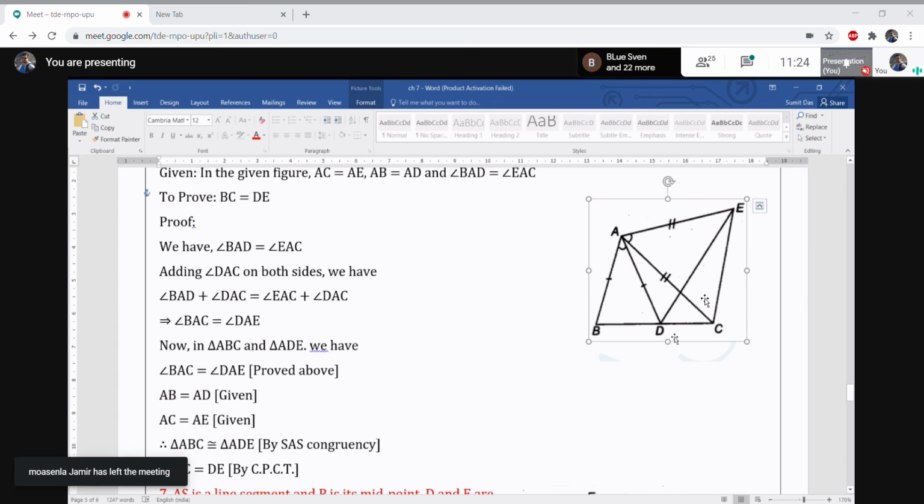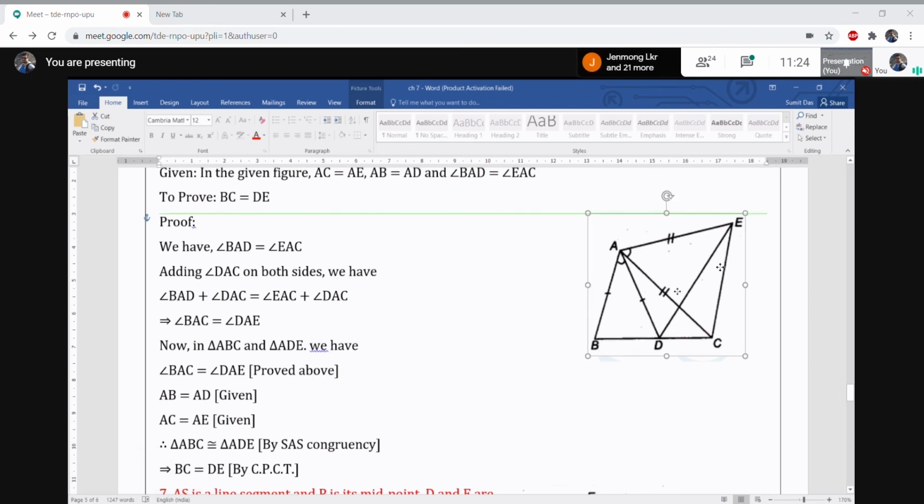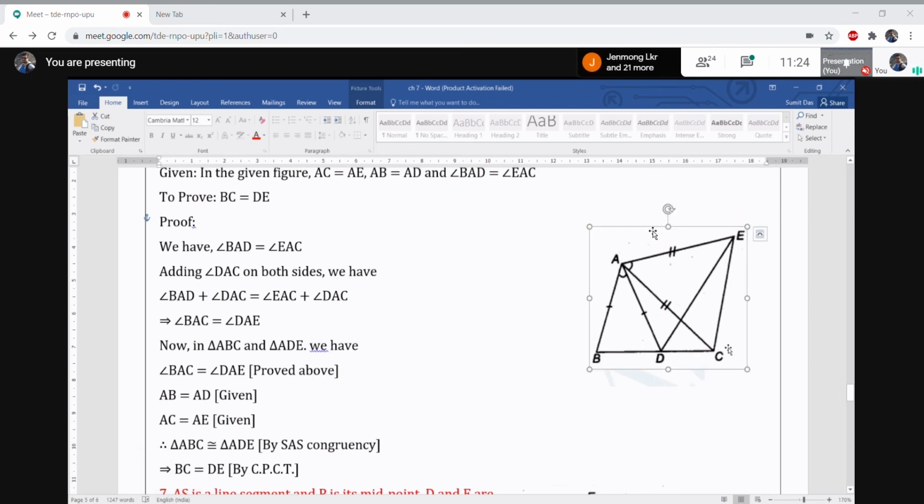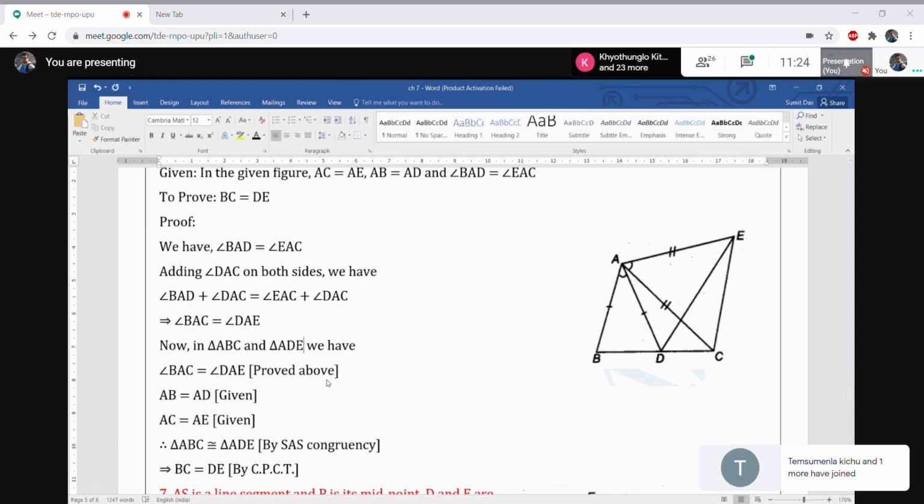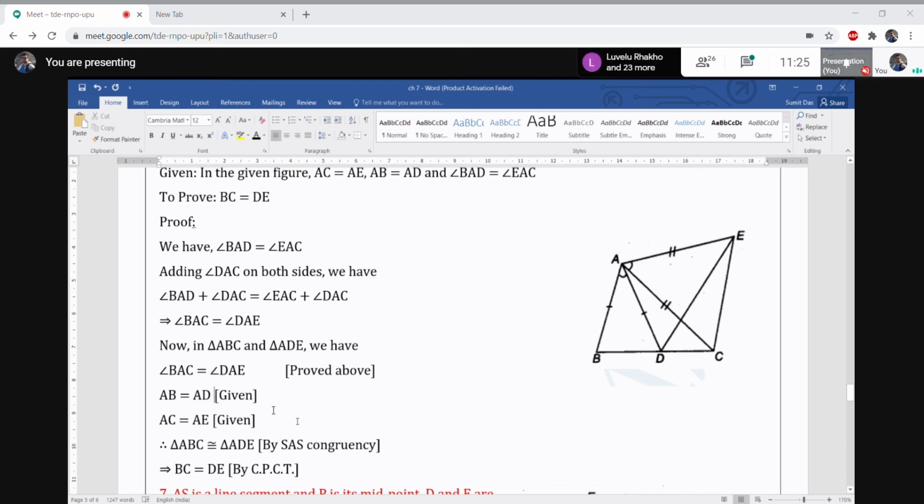BAD plus DAC equals this whole angle, that is BAC, right? Similarly, EAC plus DAC, this whole angle, is DAE, right? Now in triangles ABC and ADE, we have angle BAC equal to angle DAE. We just proved this before.